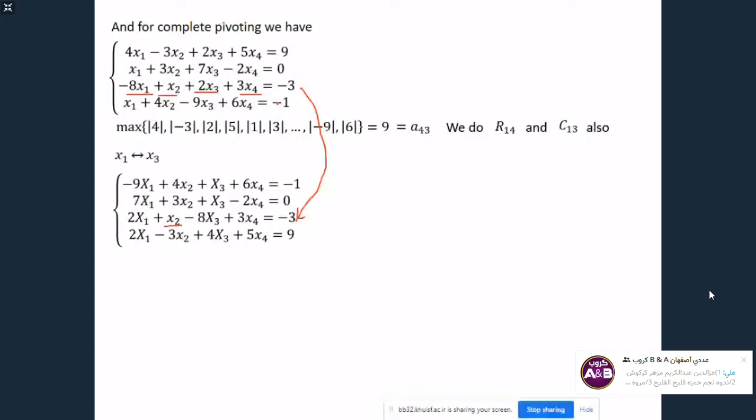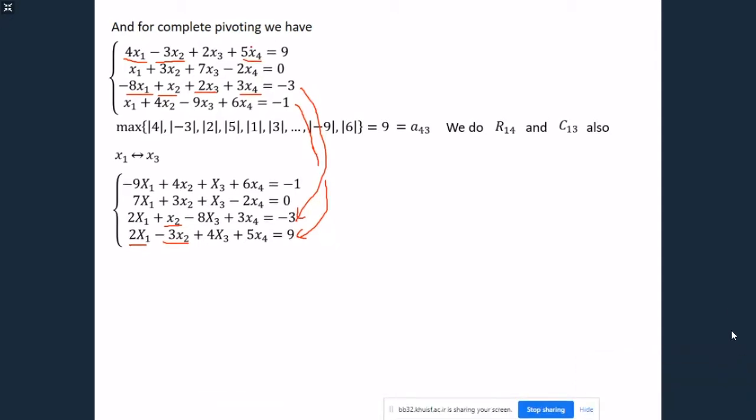And now we want to write the fourth row. That is the second, that is the first row in the previous. We have 2x1 minus 3x2 plus 4 X3 in capital mode, and plus 5x4 equals 9.